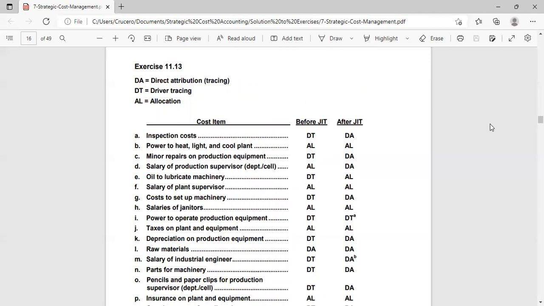So inspection cost, before JIT, it was driver tracing. After JIT, it's direct attribution. Power to heat, light, and cool plant, both allocation. Minor repairs on production equipment, DT and DA.